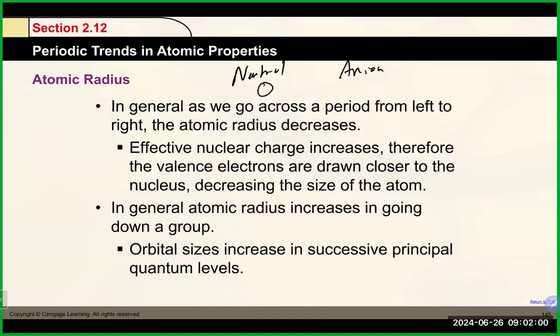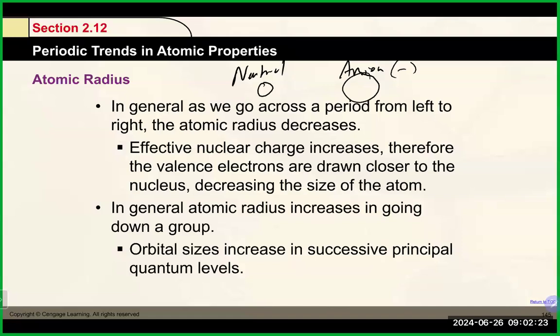The anion, which is negatively charged, should be larger. That's because unlike cations that lose electrons, anions gain electrons. So their electron cloud gets bigger, and the overall size of the anion compared to the neutral atom will be larger because it has more electrons that it gained.